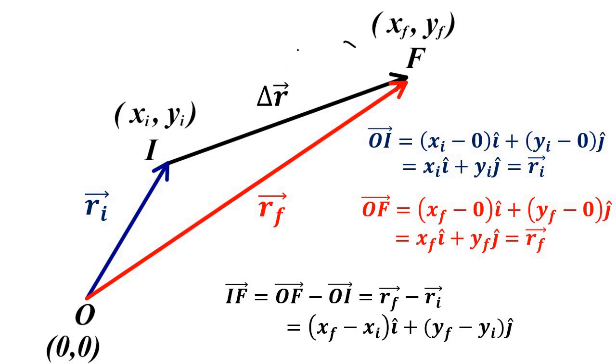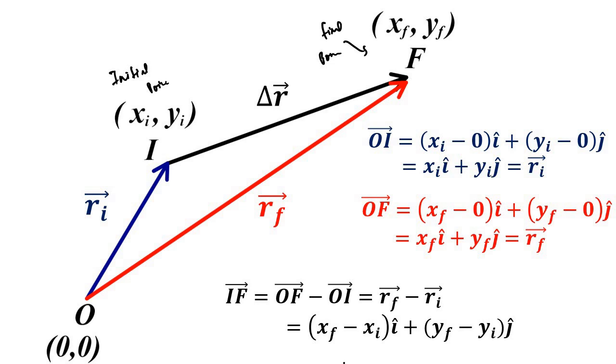Okay, so this is the final point, this is the initial point. So final minus initial, which is represented as xf minus xi i cap plus yf minus yi j cap.